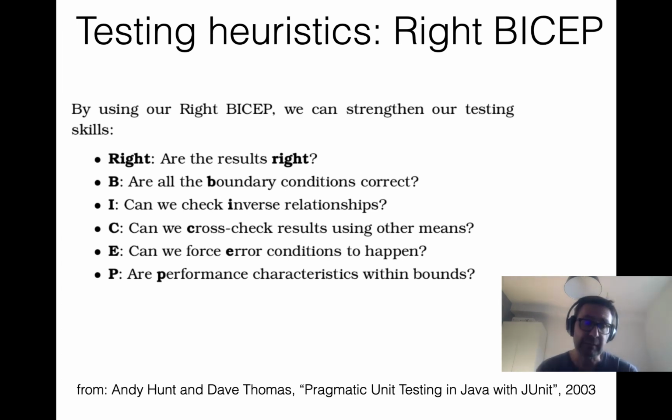The E in BICEP in this heuristic means, can we enforce error conditions to happen? So E means think about the errors, right? What should happen if you're trying to create a PDF from an empty document? Should there be an error or maybe not? In that case, we couldn't come up with a test case, but we're thinking like this.